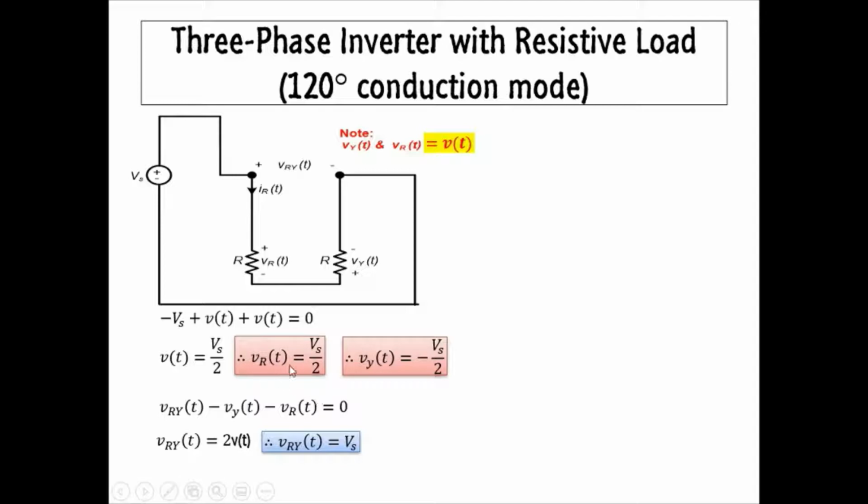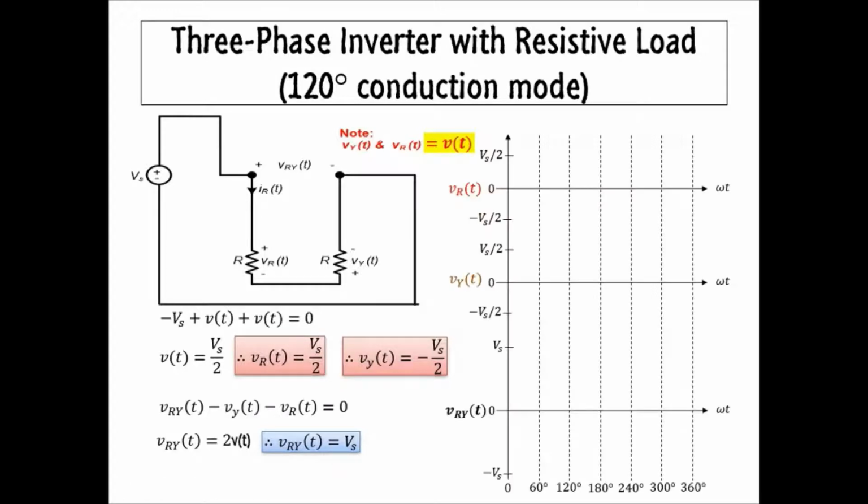Therefore, VR is equal to Vs divided by 2 and VY equal to negative Vs over 2. Meanwhile, the line voltage is equal to the supply voltage. Hence, we can sketch the voltages as follows.